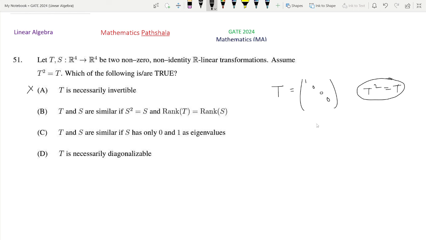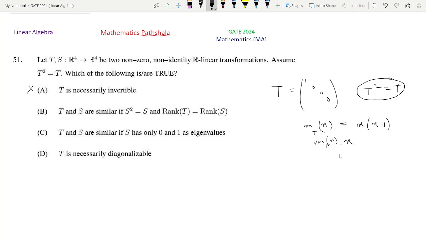So clearly, if T is idempotent, then 0 and 1 are the only eigenvalues of T, and also the minimal polynomial of T will be x into x minus 1.